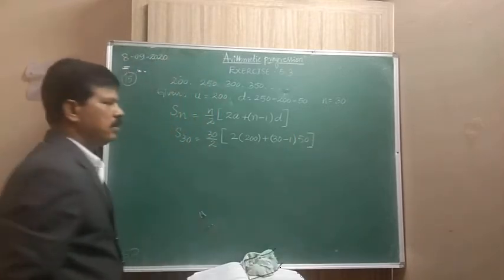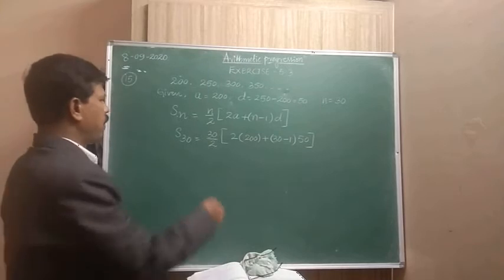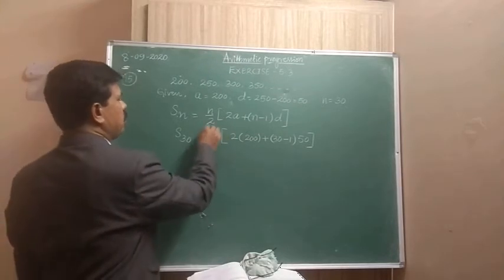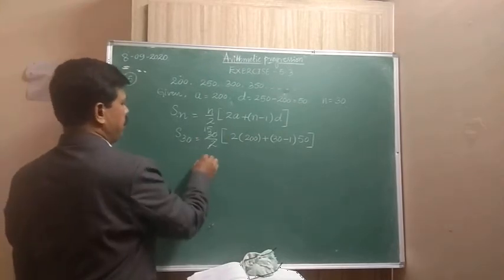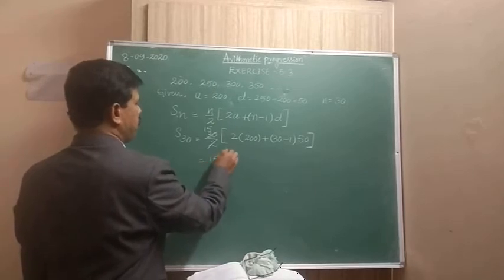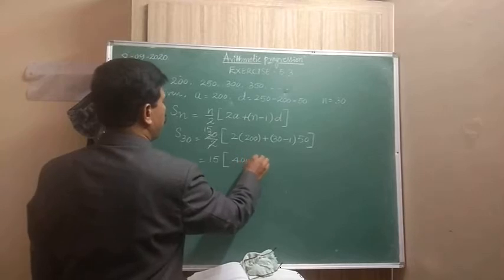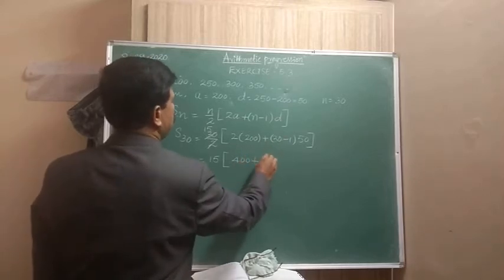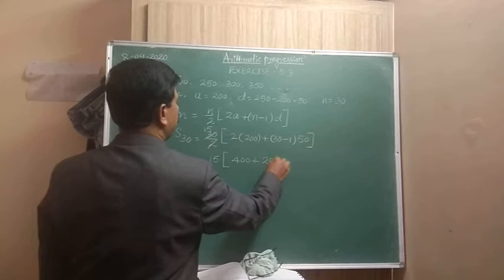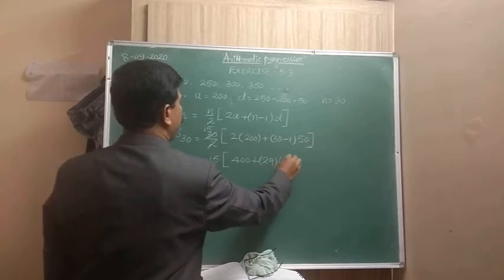Look at the substitution. Then here we can divide: 15 into 200 into 2 is 400 plus 30 minus 1 is 29 of 50, right?